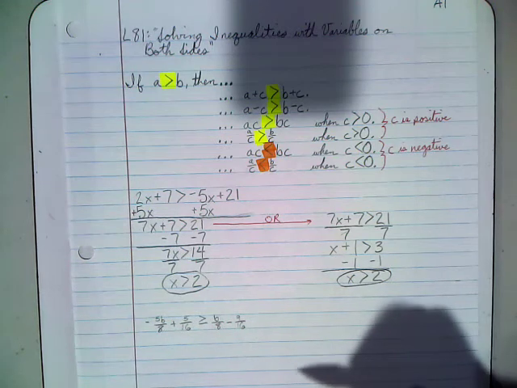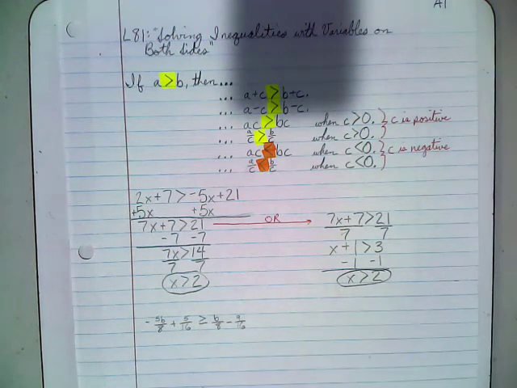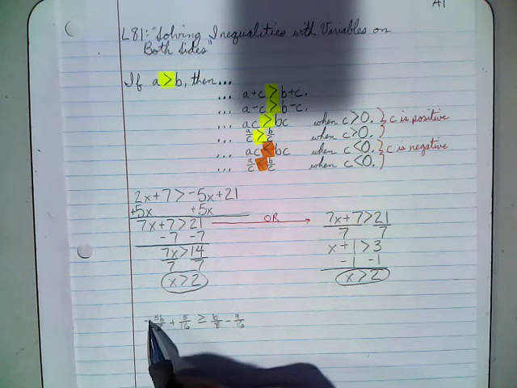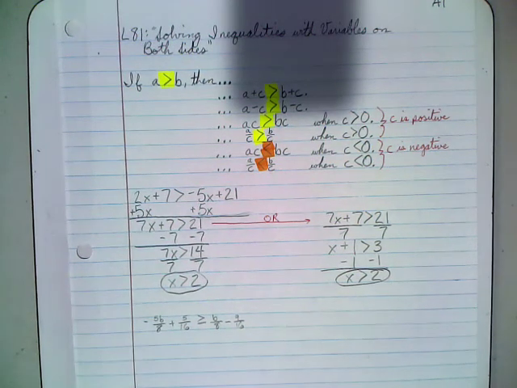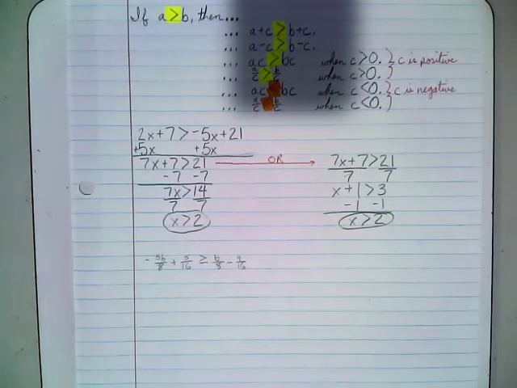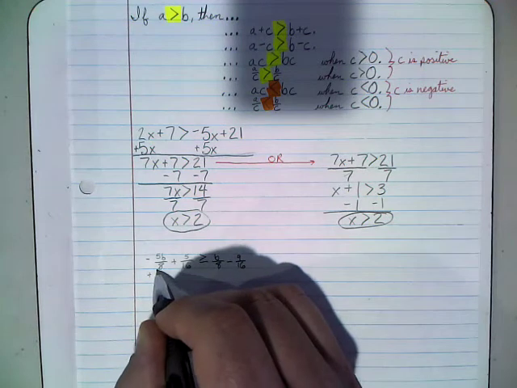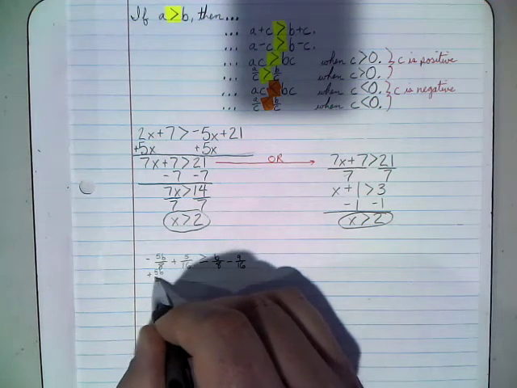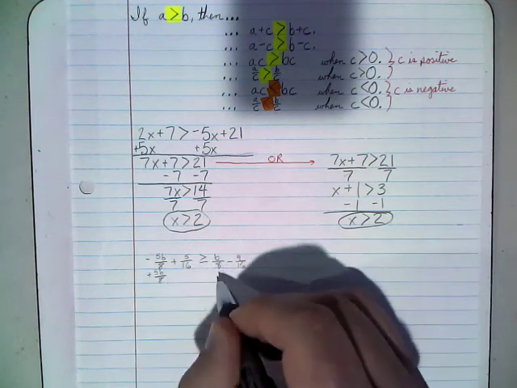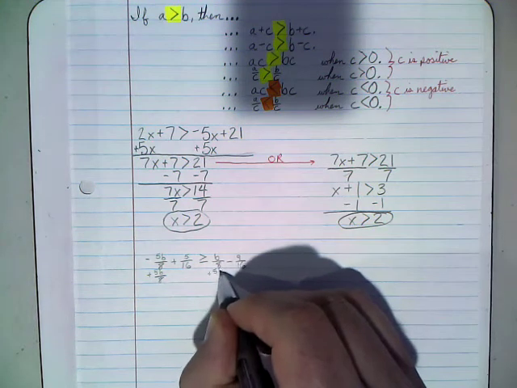So here we go. I like the idea of adding and dealing with positives. Positives are just generally easier to deal with. We tend to make less mistakes when we're dealing with positives. So I'm going to do that here. I'm going to add 5b over 8 to both sides.